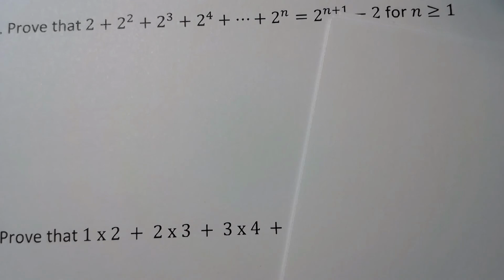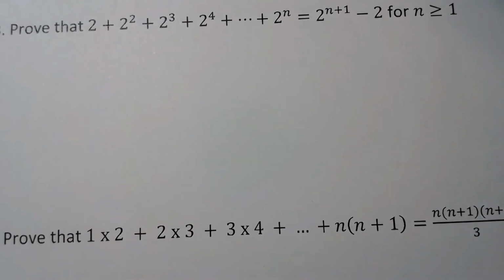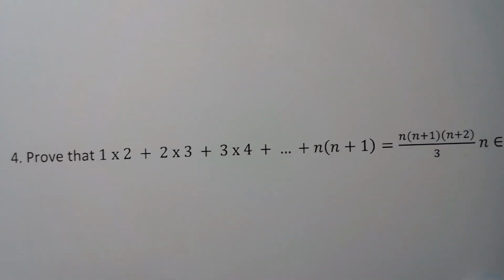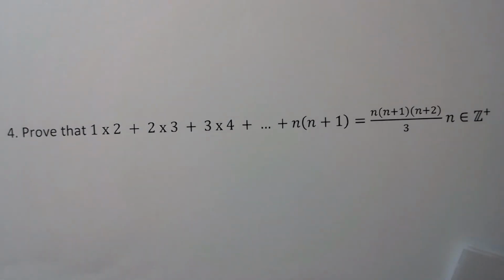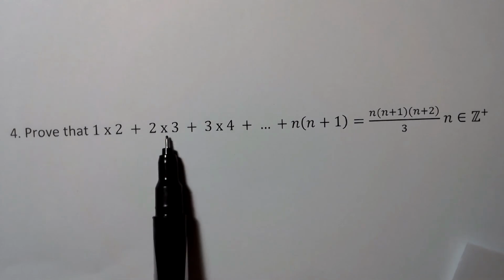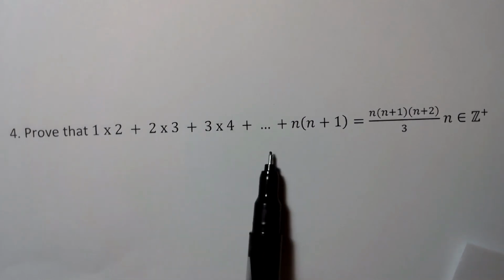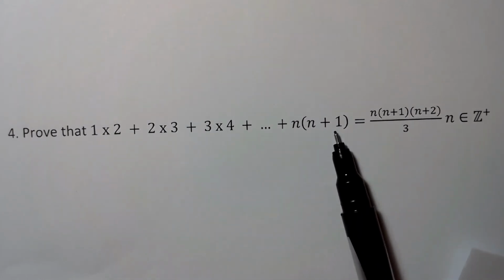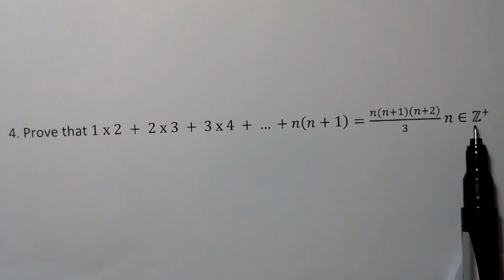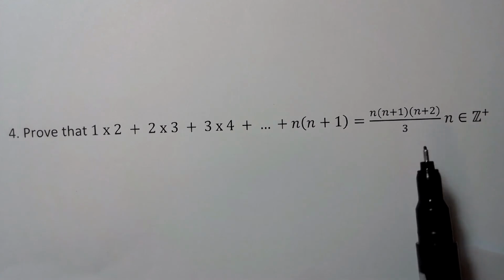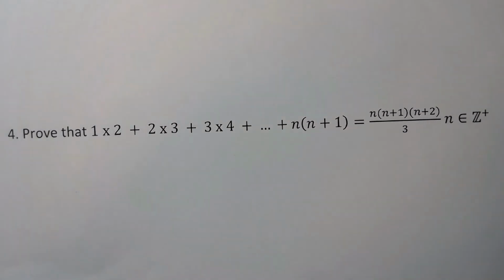The next problem says prove that, now we're dealing with the integers here, okay? Prove that 1 times 2 plus 2 times 3 plus 3 times 4 plus blah blah blah plus n times n plus 1 is equal to n times n plus 1 times n plus 2 over 3 for n in the positive integers. Okay? So again, I'm going to write my statement, put it over here.